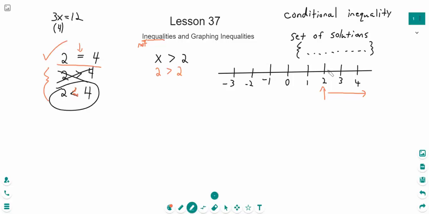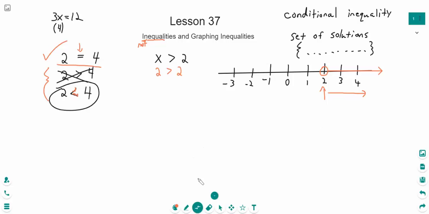To show that with this picture, we're going to draw a little circle around the 2. And then on our number line, we are going to draw a line with an arrow on the end of it in this direction.